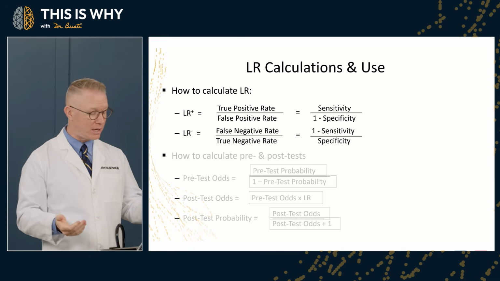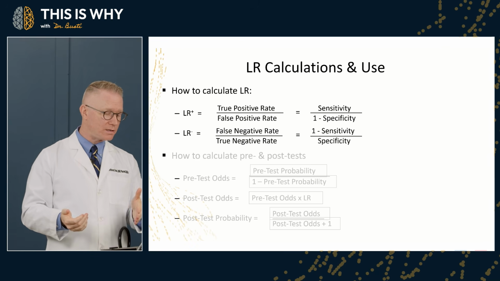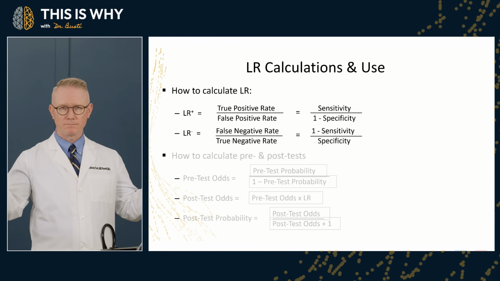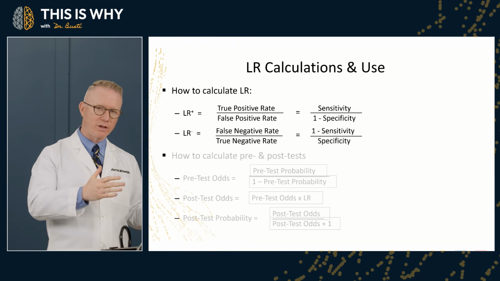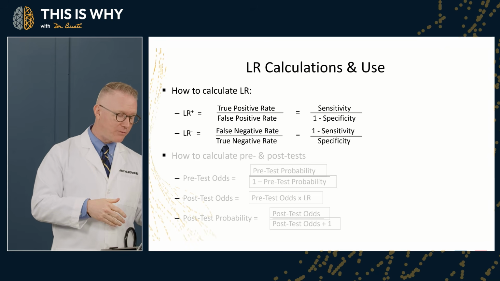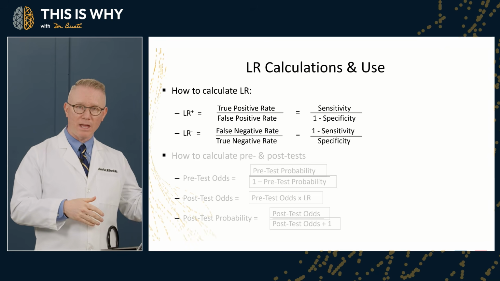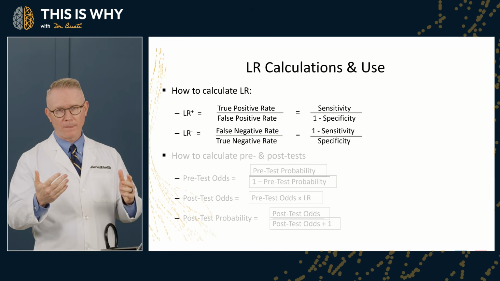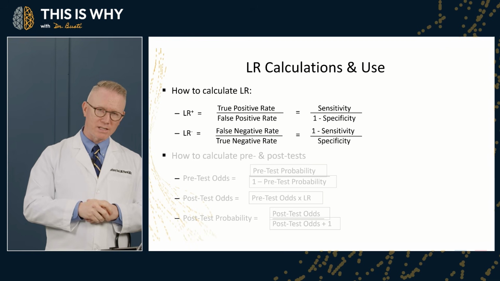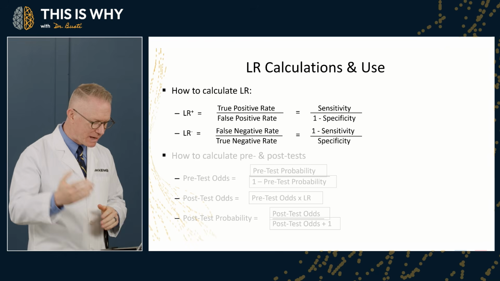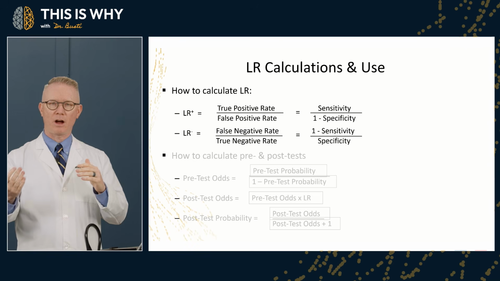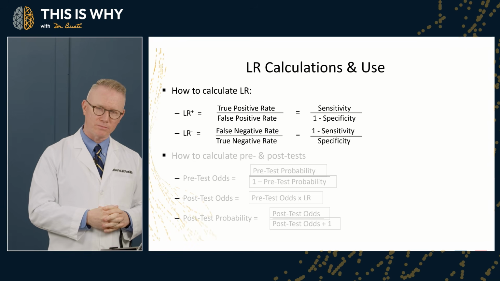Okay, that's basically the true positive rate divided by the false positive rate. Those are all the same. A negative likelihood ratio is the false negative rate divided by the true negative rate, or 1 minus the sensitivity divided by the specificity. So it's important to recognize how these things are playing into the calculation.